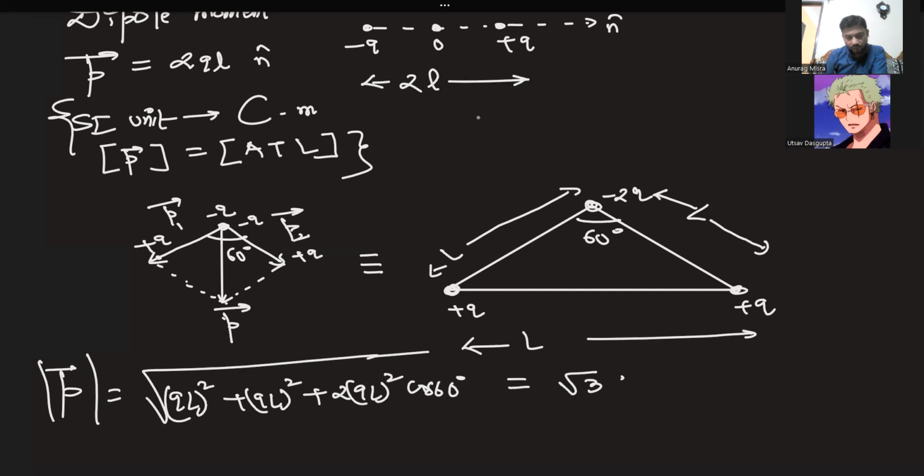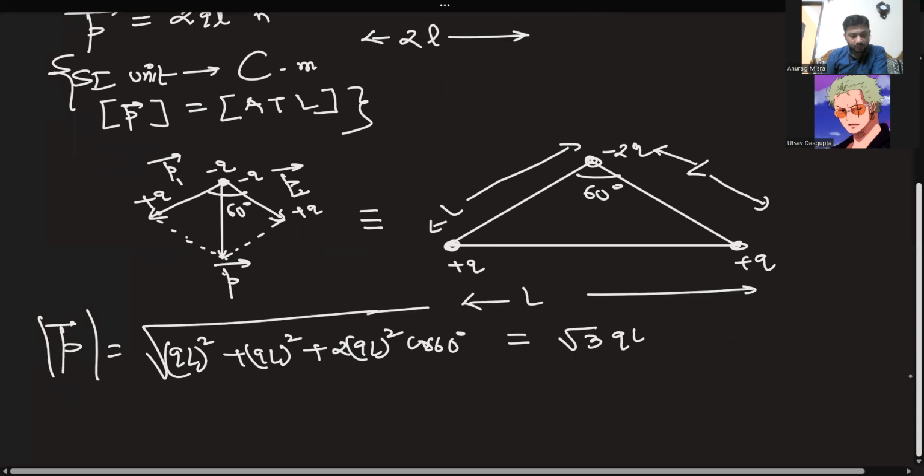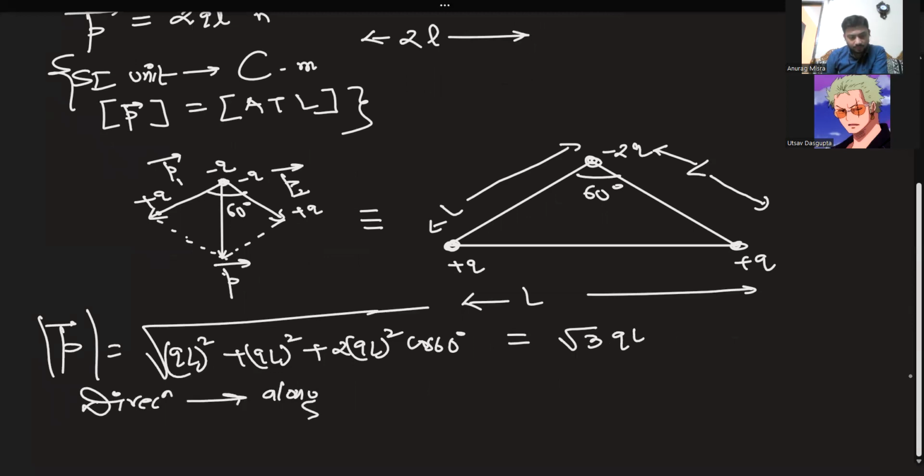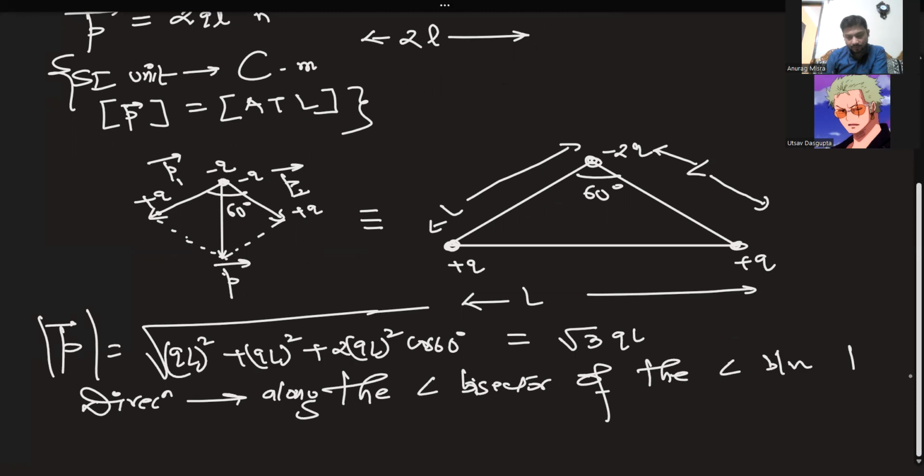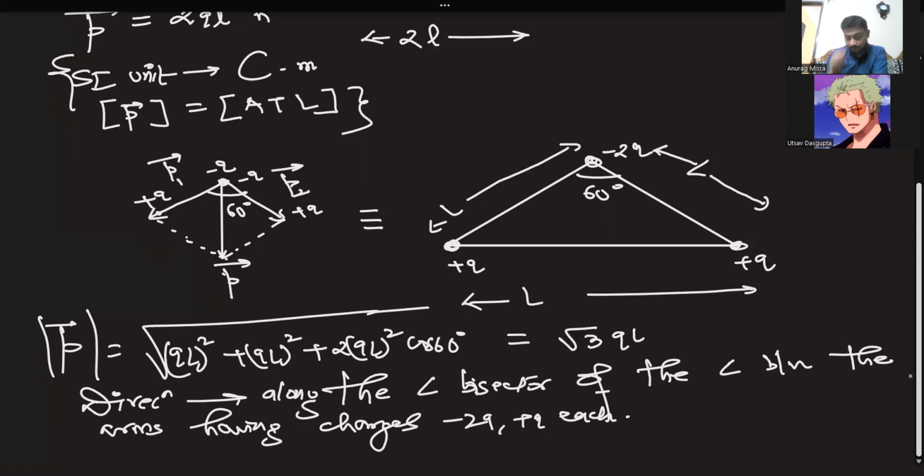Ultimately we will get √3 qL. And which direction will it be? The direction will be along the angle bisector of the angle between the arms having charges -2q and +q each. Understood?